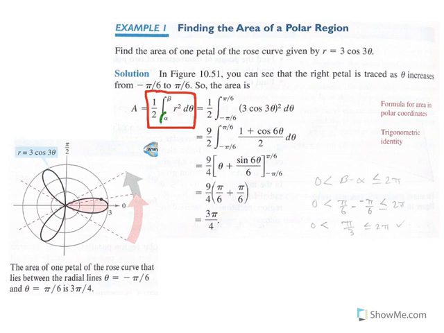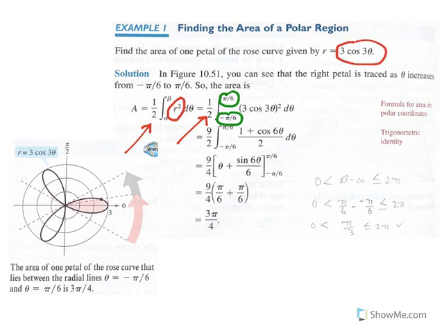And we now know that our limits of integration, one possibility would be from negative pi over 6 to positive pi over 6. And we have, of course, from the integration formula, the factor of 1/2. And what do we need to do? We just need to take our polar equation and square it. That's our integrand, and we're integrating with respect to theta.